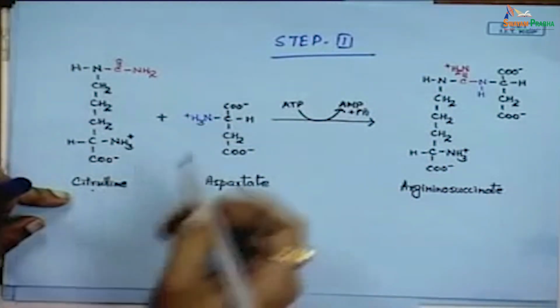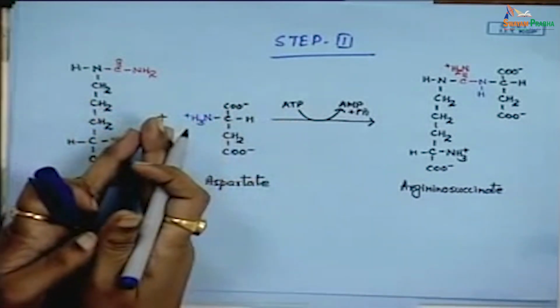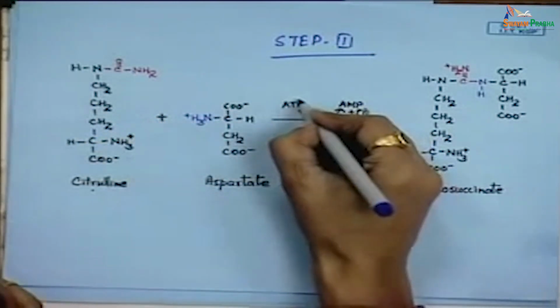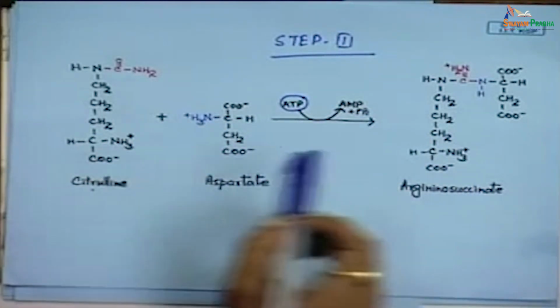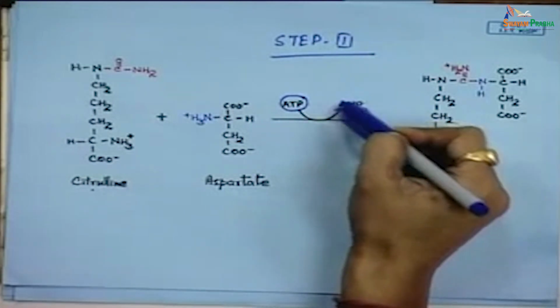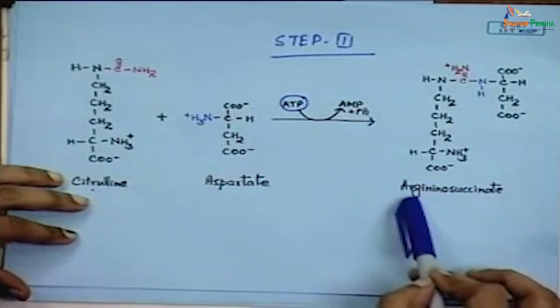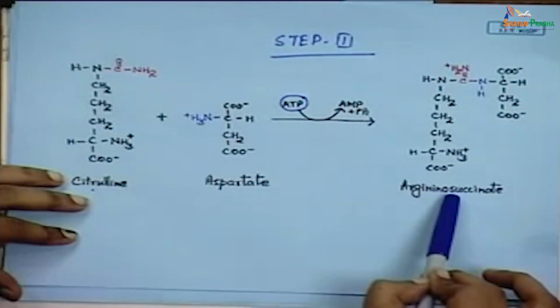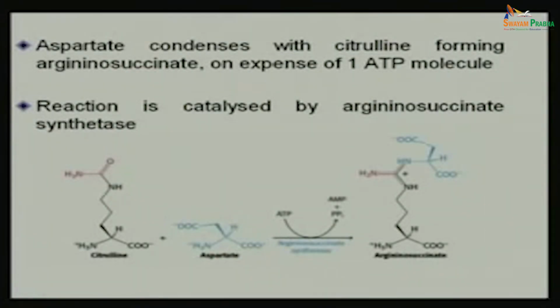This citrulline in the presence of aspartate, that condensation reaction is going on in the presence of one molecule of ATP, which is producing one AMP and inorganic phosphate, and arginosuccinate is produced. This reaction is catalyzed by arginosuccinate synthetase enzyme.